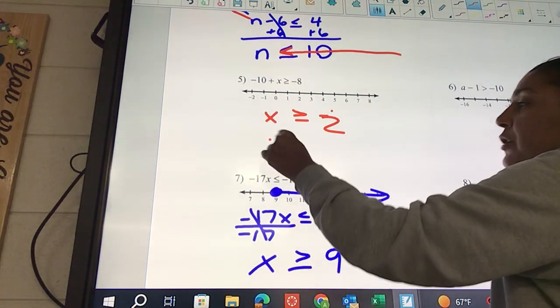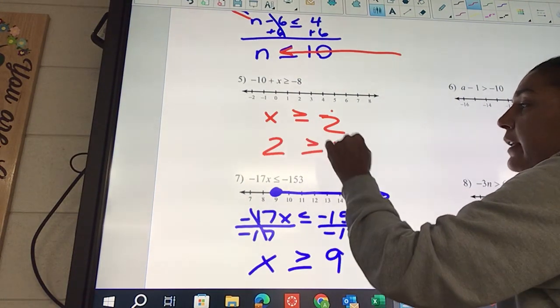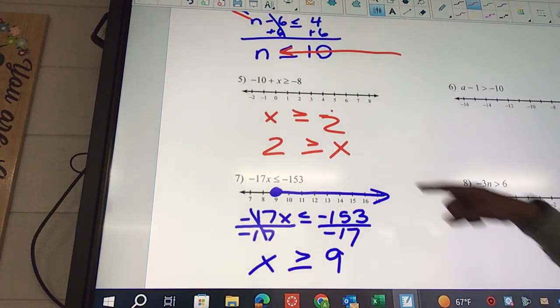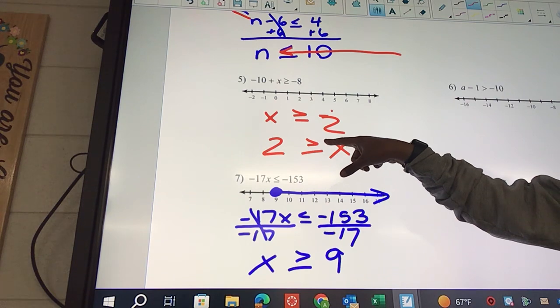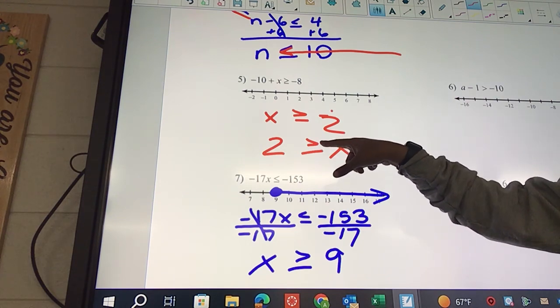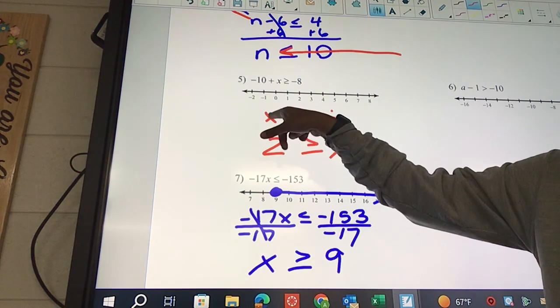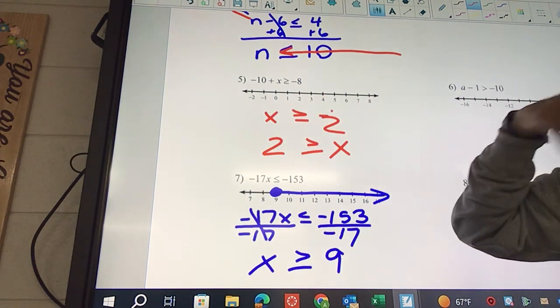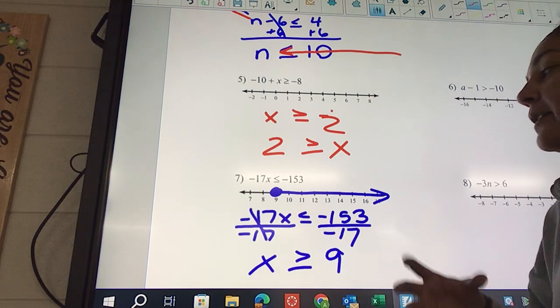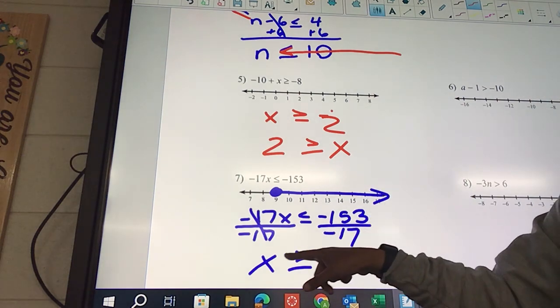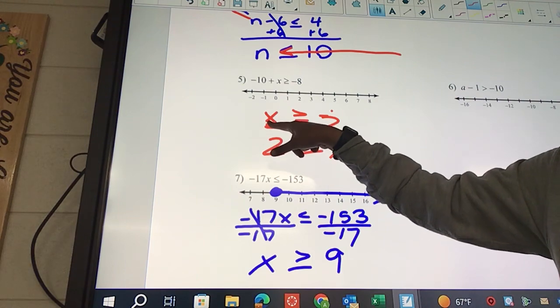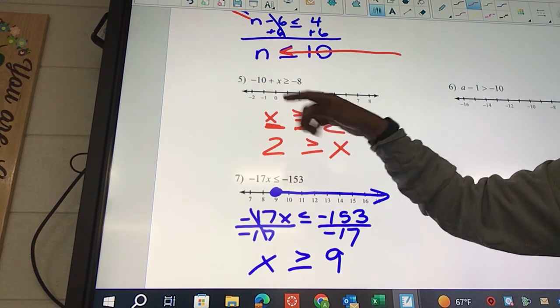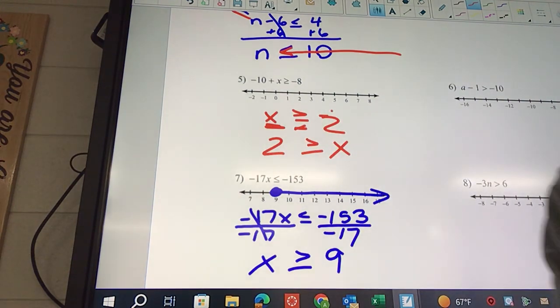If I switch these around and solve it this way, this really says x is what? Less than, because we're touching the smaller side of the mouth first. Whereas this one says x is greater than. So you really have to read and understand these before you can do the cheater way. The cheater way works if the letter is on the left side, then you don't even have to read, you can just draw the arrow.